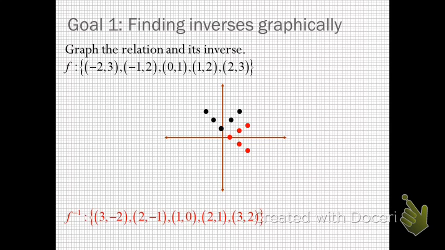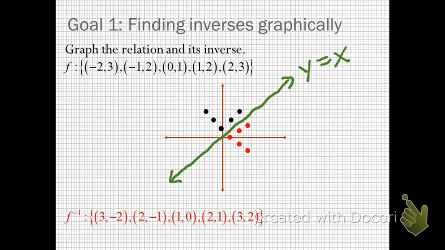And it turns out when you're making the graph of a function and its inverse that you can use a reflection in a very specific line to make the graph of the inverse from the graph of the function. And here is that line. If you reflect a function in the line y equals x, that will make the graph of an inverse from the graph of a function.